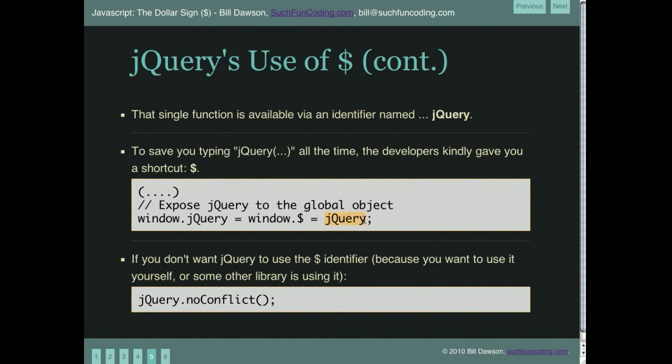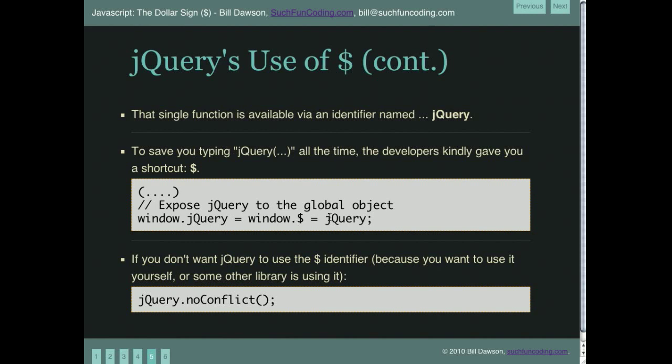So in the 1,000 lines previous to these lines, they've been building up this function called jQuery that has all the cool functionality that the jQuery library provides. Now at the very bottom, just before they exit, they're going to assign the jQuery function to the window.$ identifier. Now the window dot part of this is simply the global namespace when you're working inside of a browser.